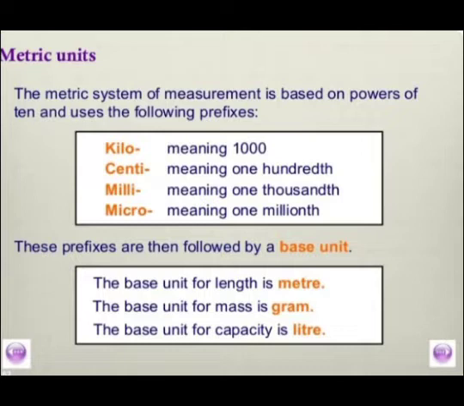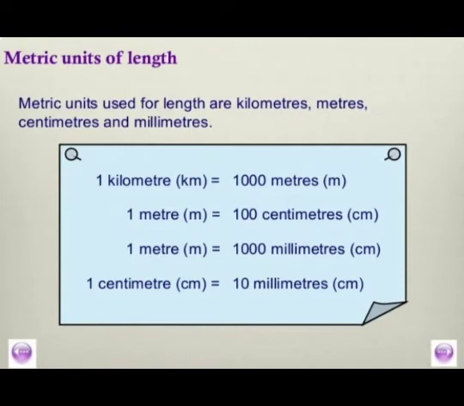These prefixes are then followed by a base unit. The base unit for length is meter, the base unit for mass is gram, the base unit of capacity is liter.